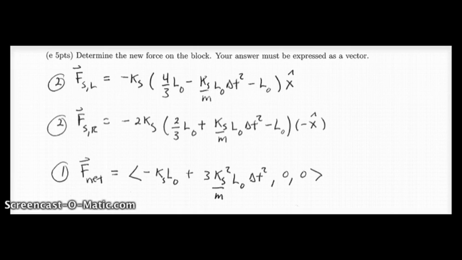When we add the force from the left spring and the right spring, we find the new net force to be negative k sub s L sub 0 plus 3 k sub s squared divided by m times L sub 0 times delta t squared, comma 0, comma 0.